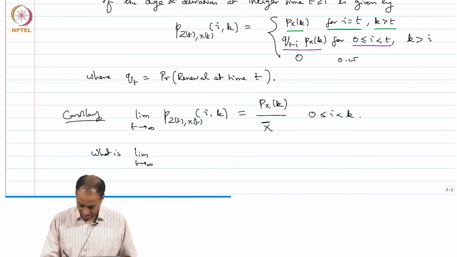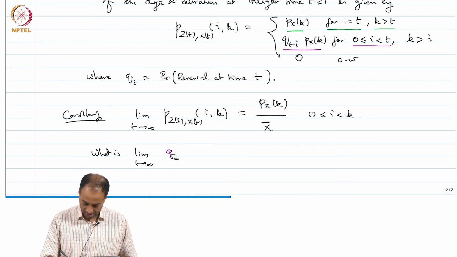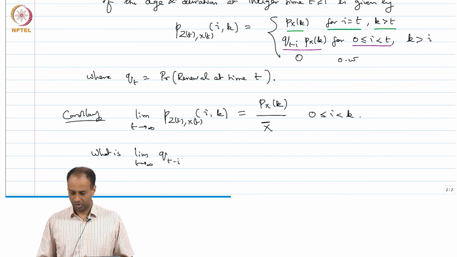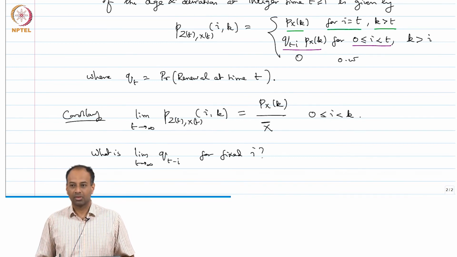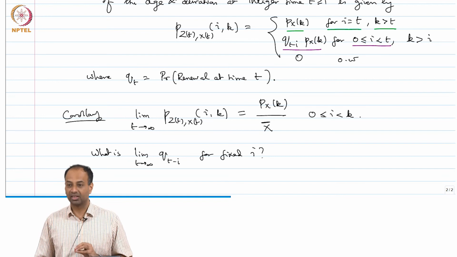Now, what is limit t tends to infinity q t minus I for I fixed? It is the probability that there is a renewal at some t minus I. So, for an arithmetic renewal process, what is the probability that there is a renewal at a particular t as t tends to infinity? What is the theorem governing this?